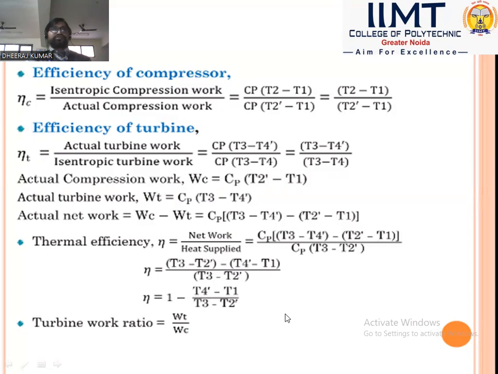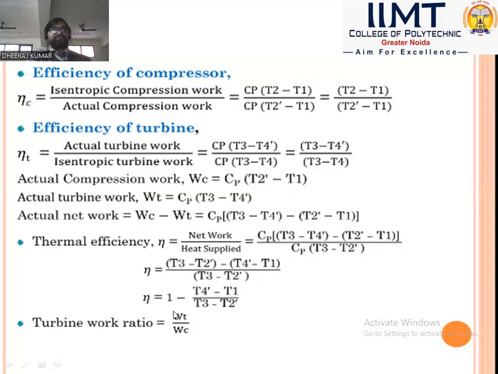Thermal efficiency is defined as the net work of the cycle to the heat supplied: Cp [(T3 minus T4 dash) minus (T2 dash minus T1)] upon Cp (T3 minus T2 dash). Cp cancels out. Keeping the T3 minus T2 dash term on one side, we get (T3 minus T2 dash) minus (T4 dash minus T1) upon (T3 minus T2 dash).